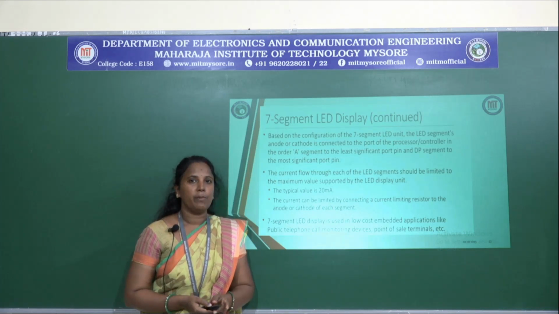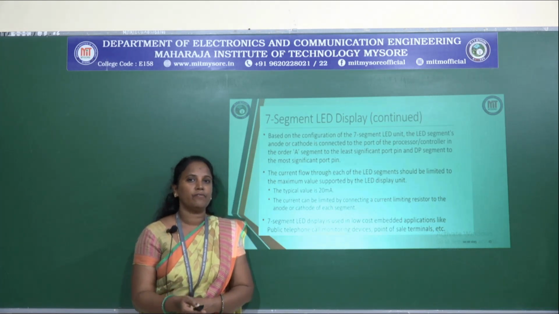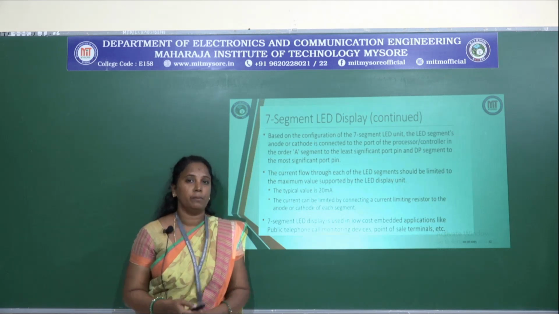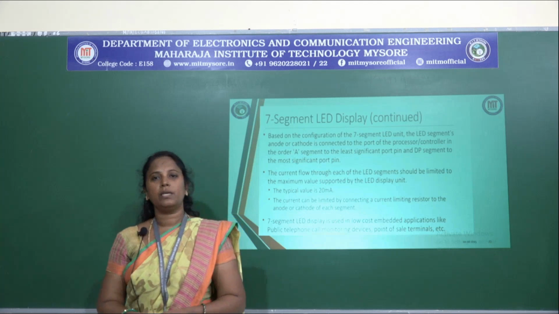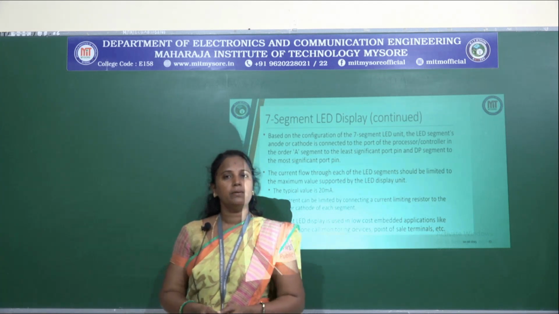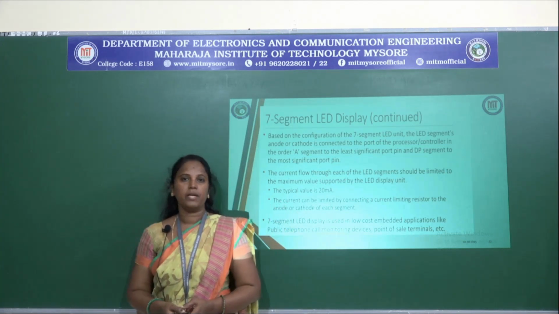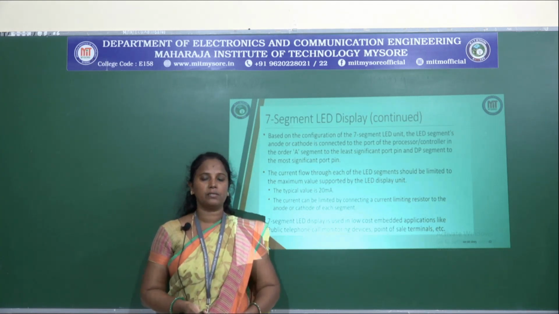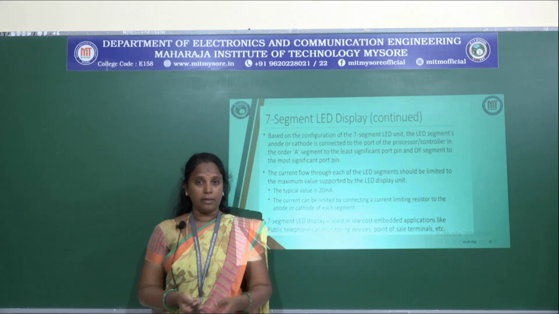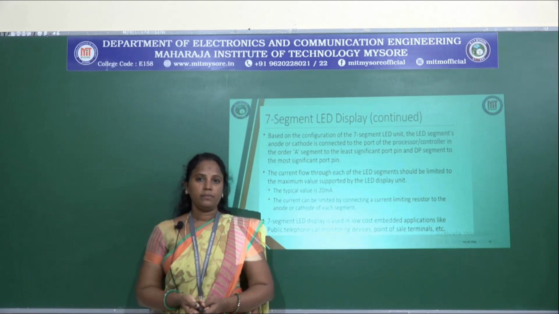If we summarize, we started from the definition of an embedded system: what an embedded system is and how it is different from other computing systems, and the differences between a general computing system and an embedded system.